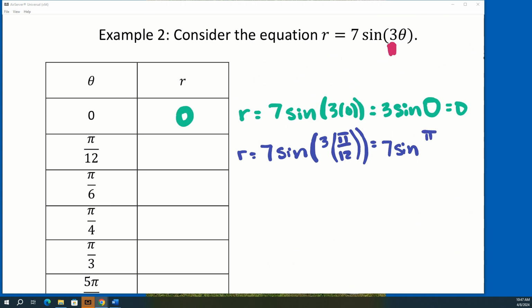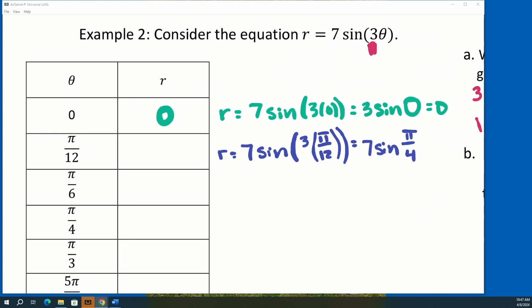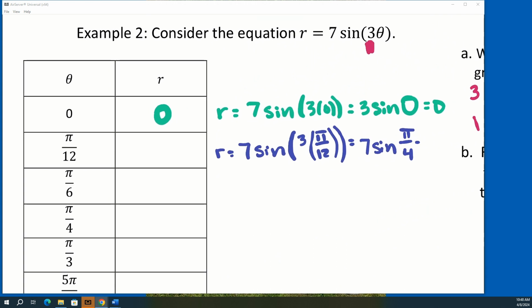So it's going to be pi over 4. What is the sine of pi over 4? Yes, so this becomes 7 square root of 2 over 2. I will tell you what that equals in just a second.